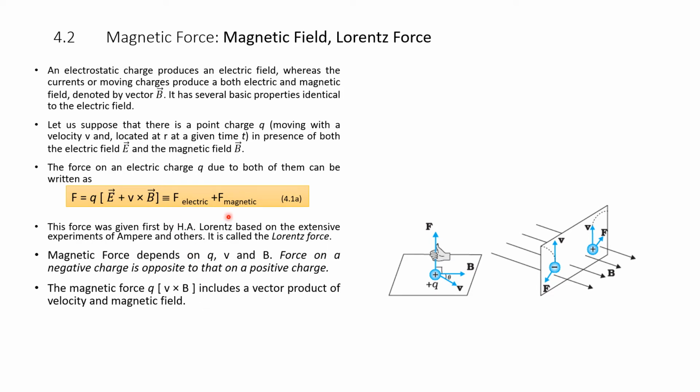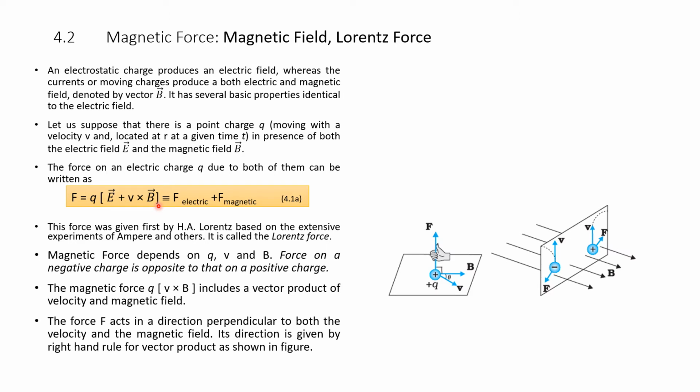So, the magnetic force includes the cross product, vector V cross vector B. The force F acts in a direction perpendicular to both velocity and magnetic field. As shown in the figure, F is perpendicular to B as well as V. Its direction is given by the right hand rule, or vector product, as shown in the figure.